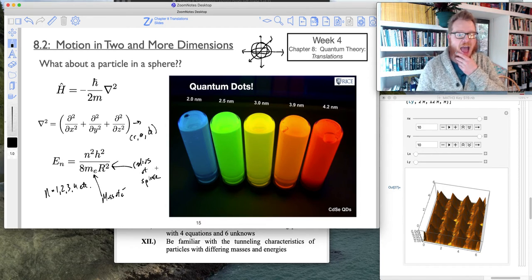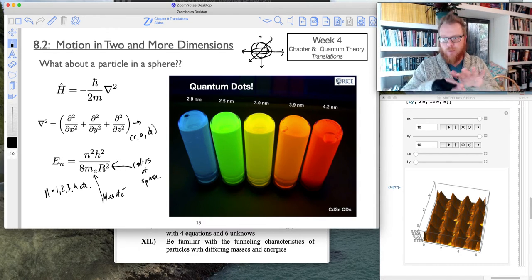What I want you to recall, what we established, is that as the box gets bigger, and it doesn't matter at this point if it's a box or a sphere or a plane, it's the same physical implication. As our sphere gets bigger, the energy has to get smaller.